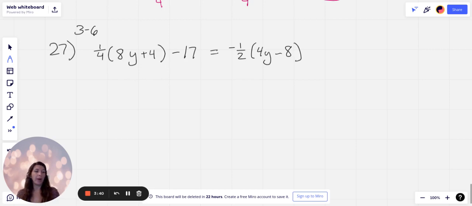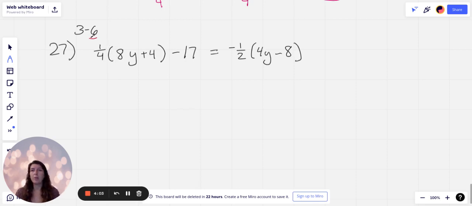So we're going to do it a different way. And when we clear the fractions, remember we want to look at the denominators, and we're going to go with the greater one. We don't want to go with the factor. We want to go with the multiple. Okay, so we're looking for the LCM, which is the least common multiple, and that would be 4.